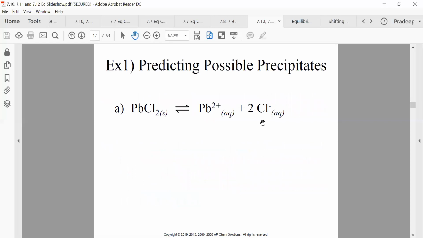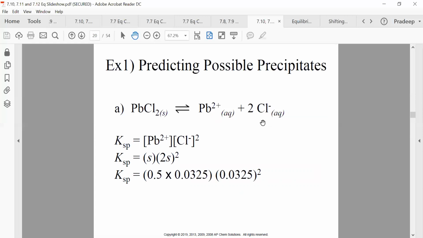First of all, make sure you write the correct equation. So PbCl2 will give you Pb2 plus ions plus 2 Cl minus ions. Now, let's write the equation for the KSP, which is Pb2 plus times Cl minus squared. They are asking us to find the KSP value, but they just gave us the value of one of them. So we use this equation from before, S times 2S squared.